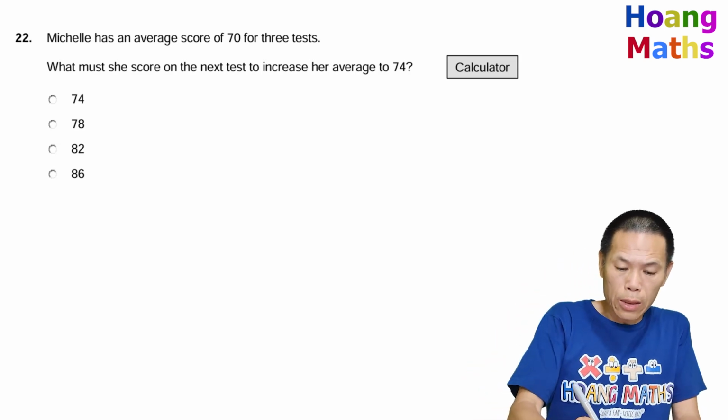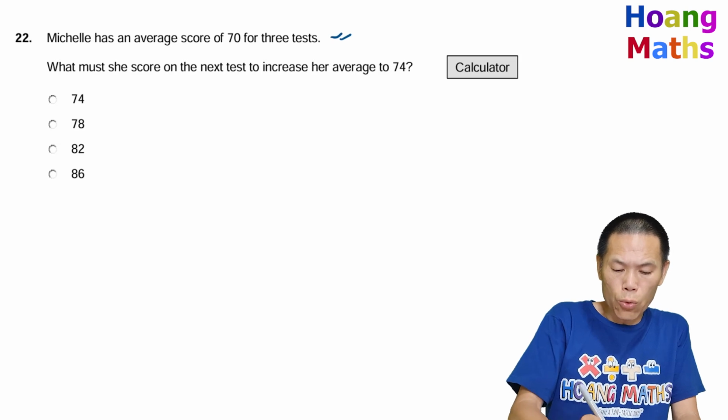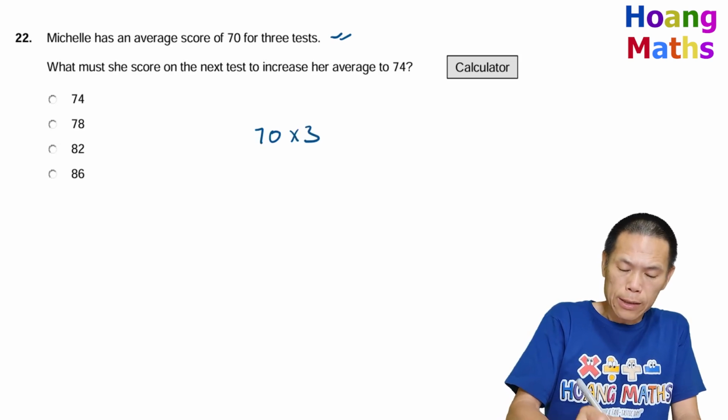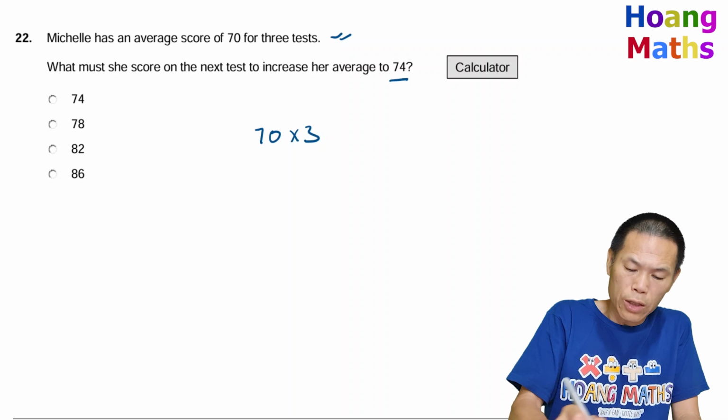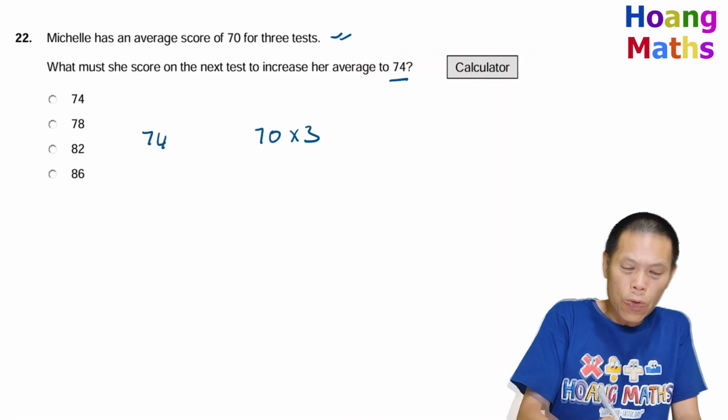So we had 3 tests here. The total will be 70 times 3, and then 74 times 4 tests. Because I'm allowed to use a calculator, I just quickly write it here. So 74 times 4, and we minus it.